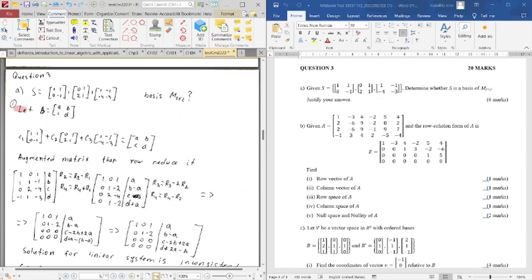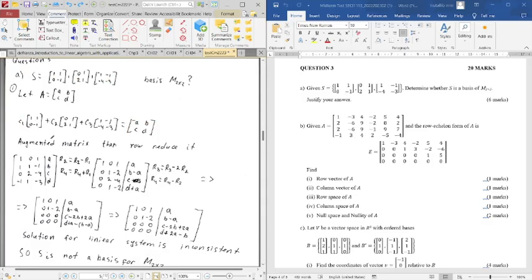So I took matrix A with elements a, b, c, and d. To find the basis, we multiply some scalars with the given matrices, and it should equal our arbitrary matrix, or vector if it's a vector space. So we just calculate this.